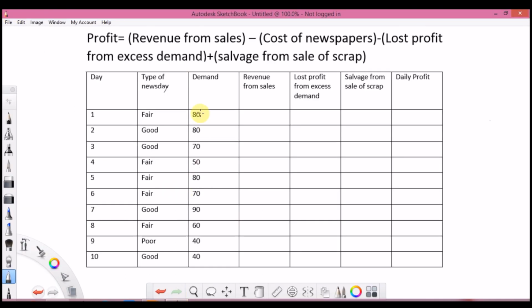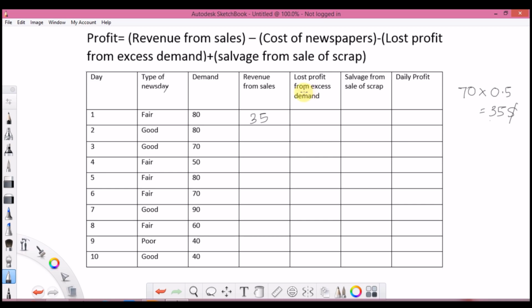Even if the demand was 80, it cannot fulfill. So revenue from sales would be 70 into 0.5, since it sells at 50 cents, which gives me $35.